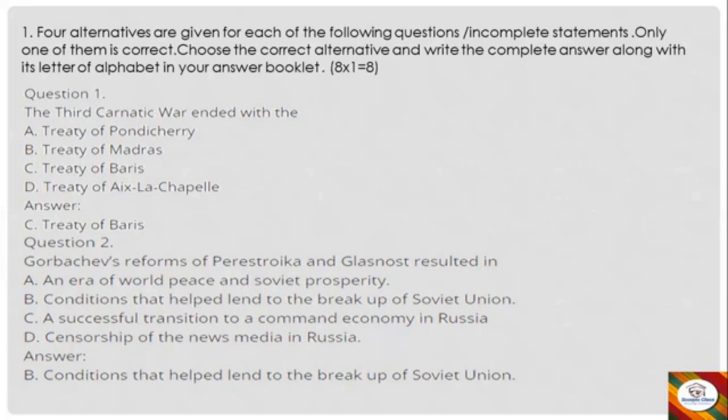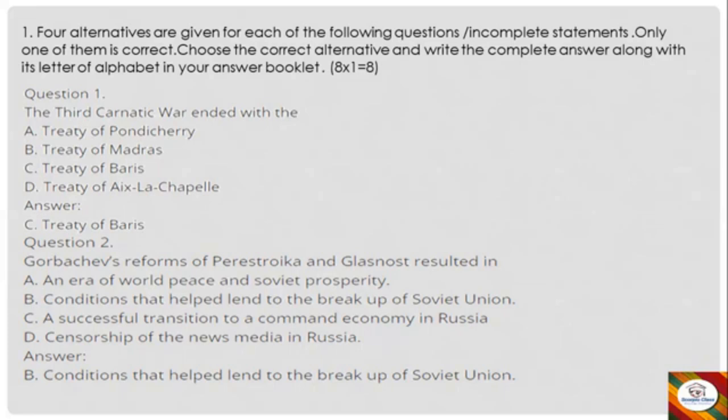Question number 1. The Third Carnatic War ended with the dash: A. Treaty of Pondicherry, B. Treaty of Madras, C. Treaty of Paris, D. Treaty of Aix-la-Chapelle. And the answer is option C, Treaty of Paris. Question 2.